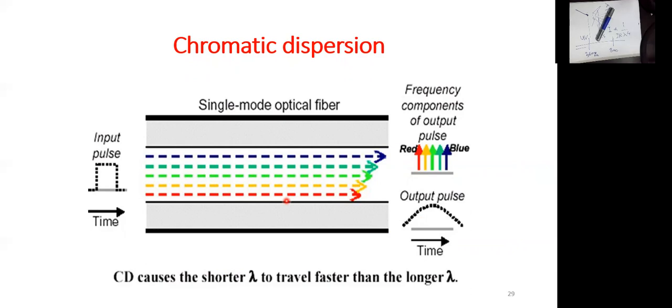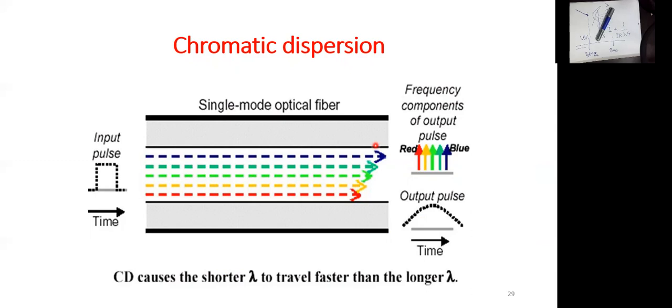So again, having different light colors, different frequencies, each frequency has a different speed. As you can see, for example, the blue one is the fastest, and the reddish is the slowest. So these light beams, or these frequency components, have different velocities inside the optical fiber.